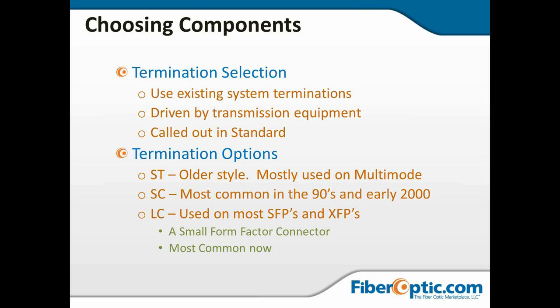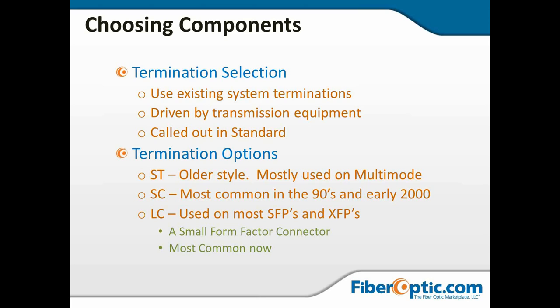I'd say it's probably about 50-50 with SC, but LC is becoming a much more common connector for no other reason than density. If you've got a limited amount of rack space, a limited area for your cabinet, with the smaller connector you can get 2 LCs in the space of 1 SC.